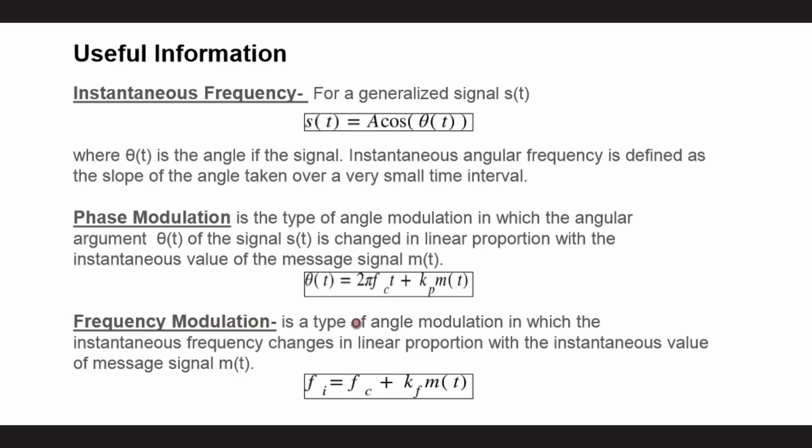Frequency modulation is a type of angle modulation in which the instantaneous frequency changes in linear proportion with the instantaneous value of message signal m(t). As can be seen from here, if message signal m(t) changes, the frequency of the signal also changes.